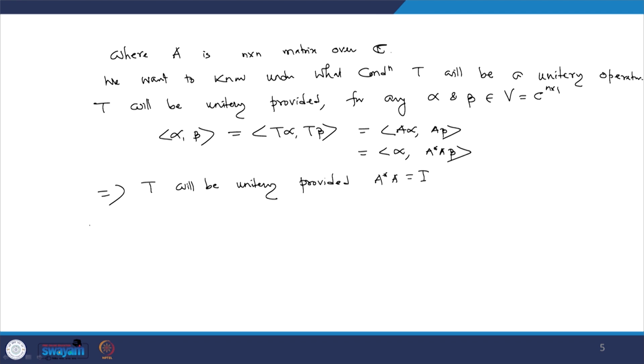See, we have defined the unitary operators. Now, I can also define a unitary matrix.